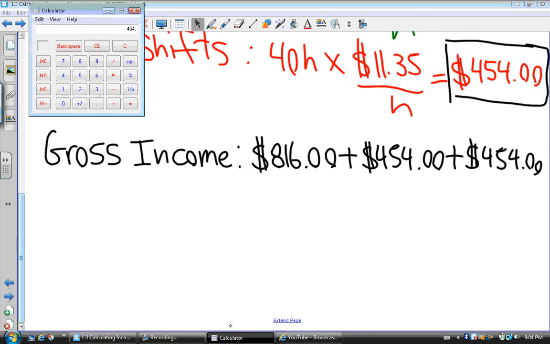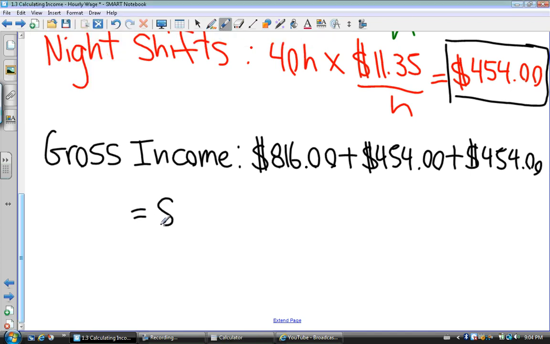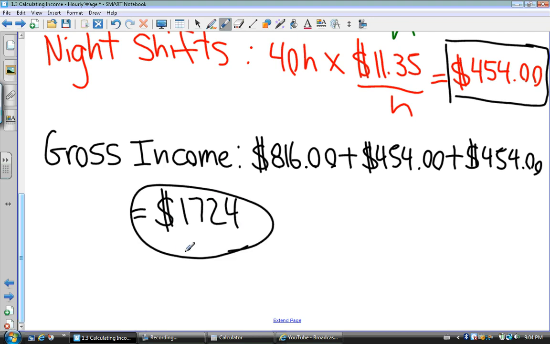And when we add that up in the calculator, we have 816 plus 454 plus 454, $1,724. So Denzel's gross income for the month was $1,724.